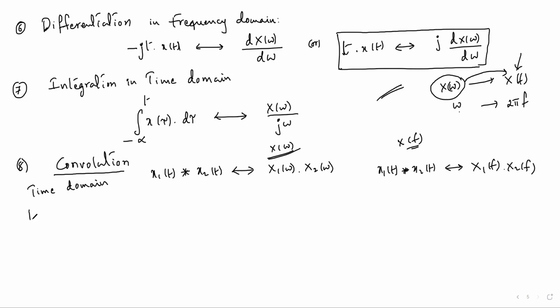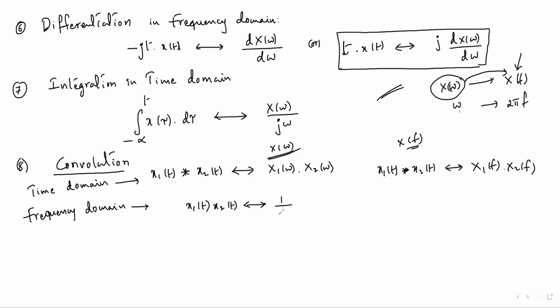Whereas in frequency domain, convolution in frequency domain, here it is x1 of t multiplied with x2 of t.